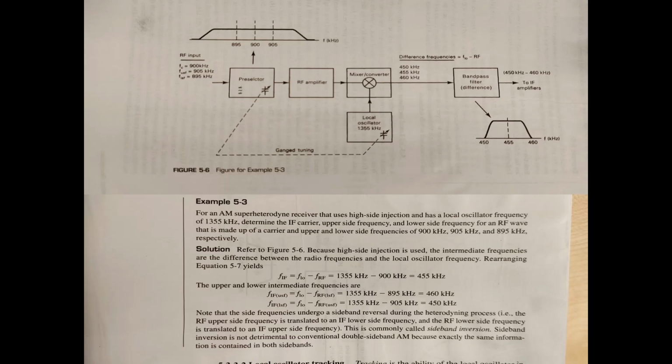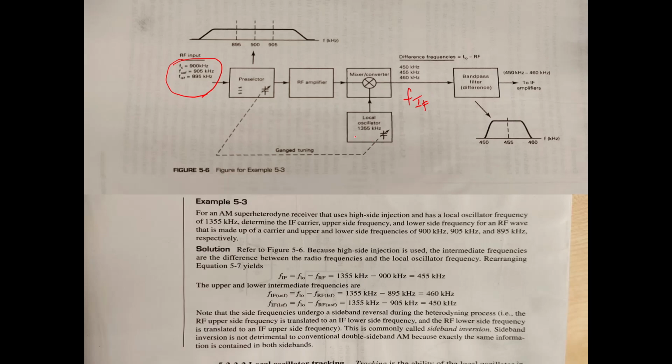For example, you are given the RF frequencies and the LO frequency, the local oscillator frequency, and you need to find the IF frequencies. From the picture, this is what we receive. Given the RF frequencies, we need to find the IF frequencies after the mixer converter.